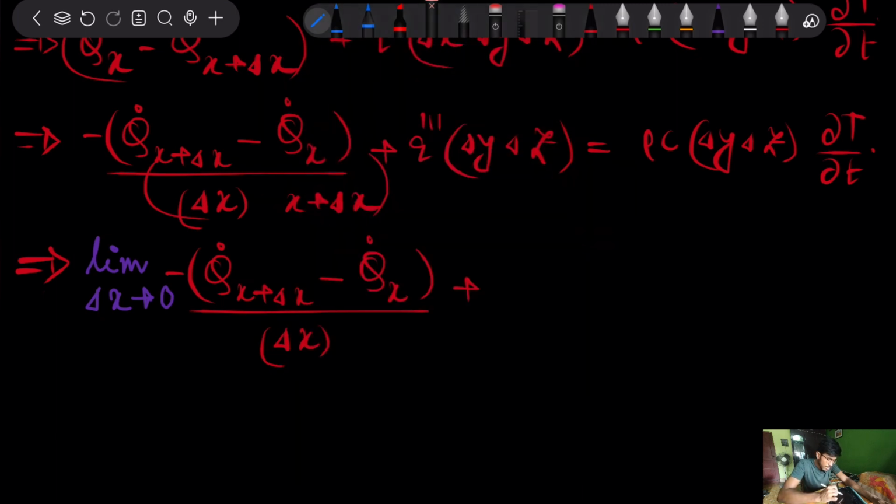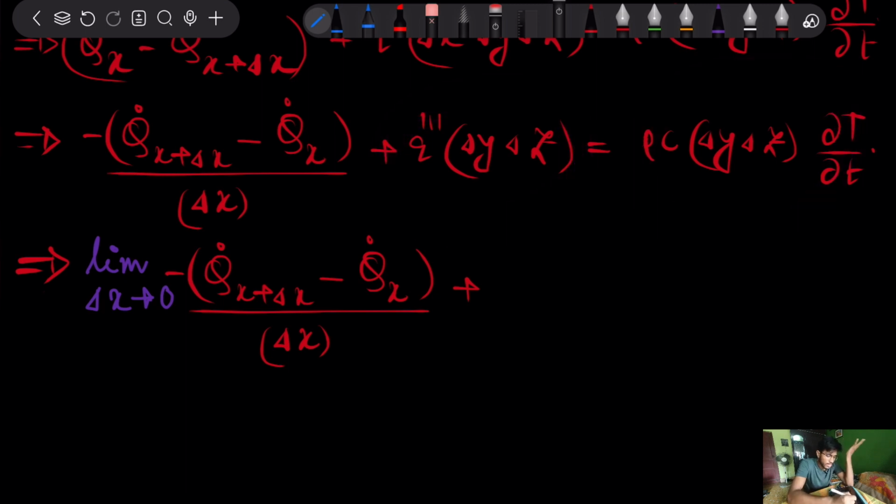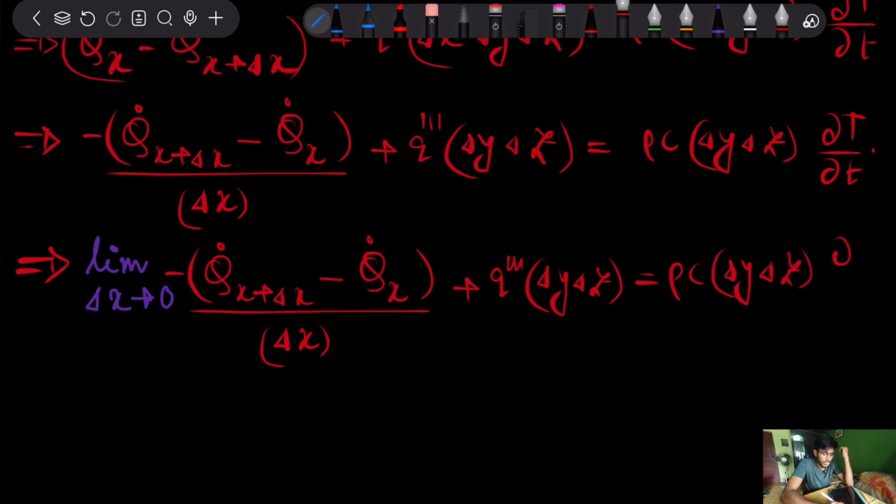The second and third expressions are not having delta x, so they will remain the same, that is q triple prime delta y delta z, right.